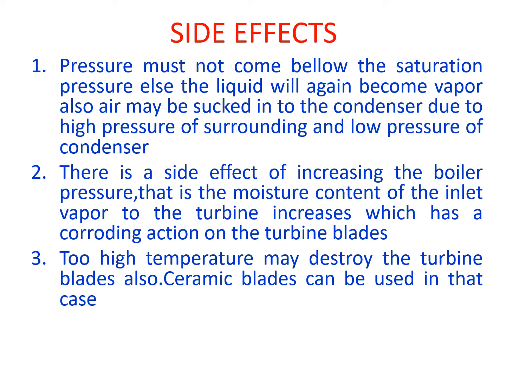Everything will have some side effect. Reduction in condenser pressure, increasing boiler pressure, increasing superheated temperature: these are the three ways, but they have some side effects. If you bring the pressure below the saturation, the liquid will again become vapor, and air will be sucked into the condenser due to high pressure surrounding and low pressure of the condenser.